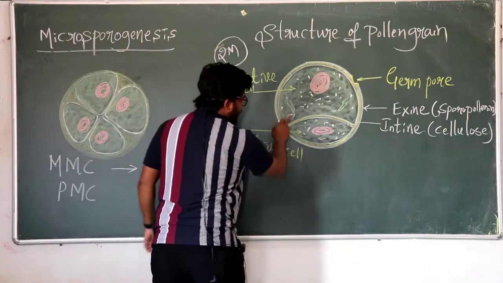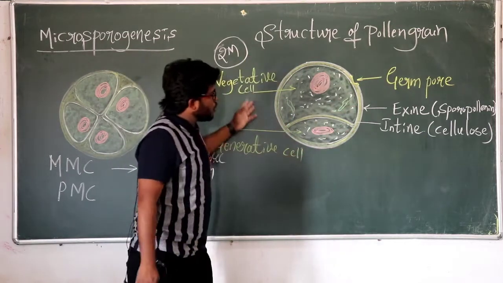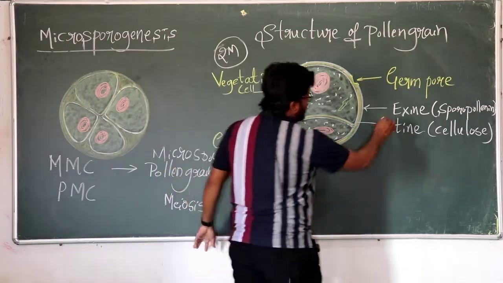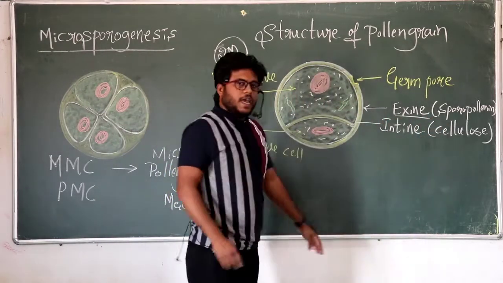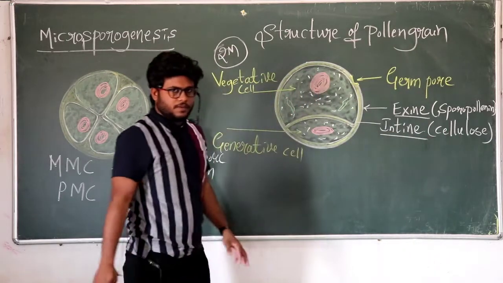The pollen grains have 2 layers. The outermost layer of the pollen grain is called the exine, and the inner layer is called the intine.